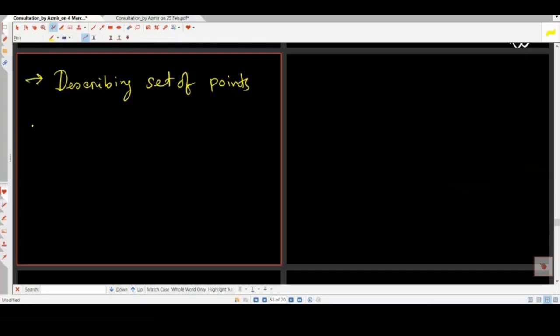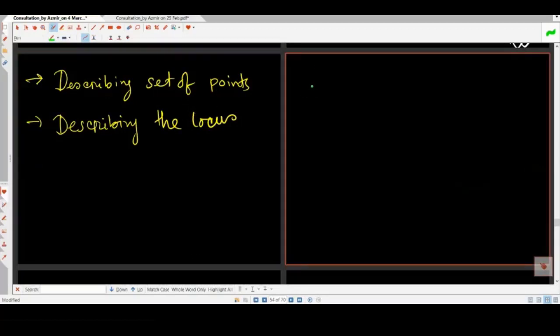Or in other words, sometimes you may see describe the locus. So we have to know how to describe the locus. So what does locus mean? It is the set of points. Same thing. Before starting this one, we have to know some concepts.